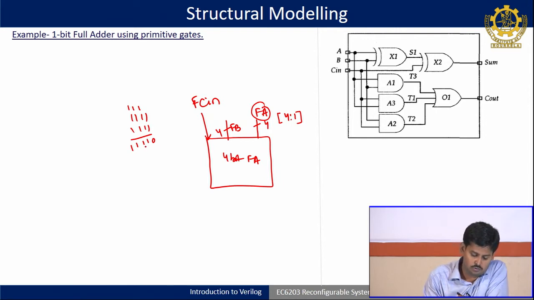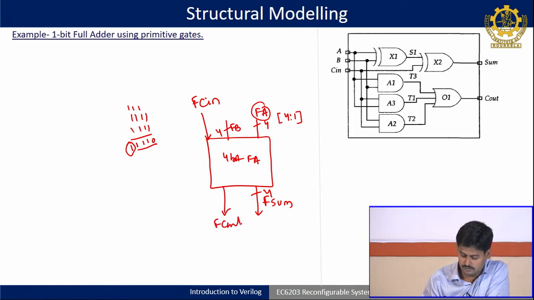My output is this much sum, so the output is FSum, 4 bit, and this is carry out, so that is single bit FCout. So this is now my module block diagram, which shows the module name and the input output interfacing, meaning communication ports. While writing the module name, inputs and outputs, I am not bothering about the internal functionality or structure.